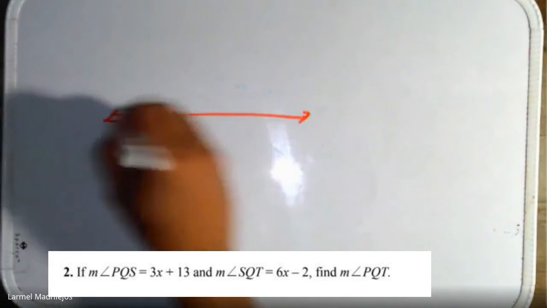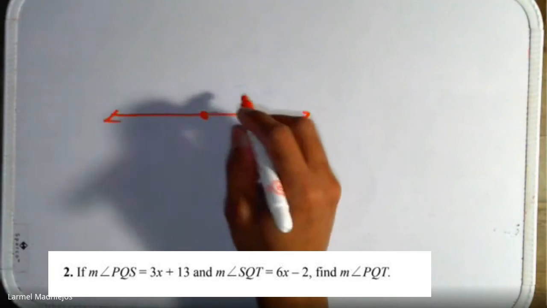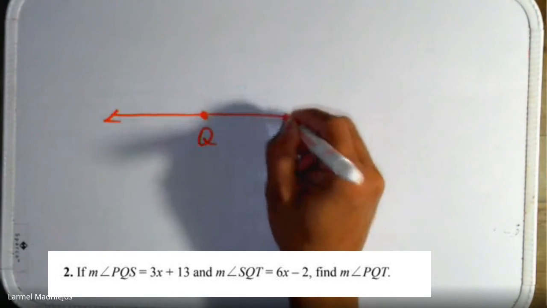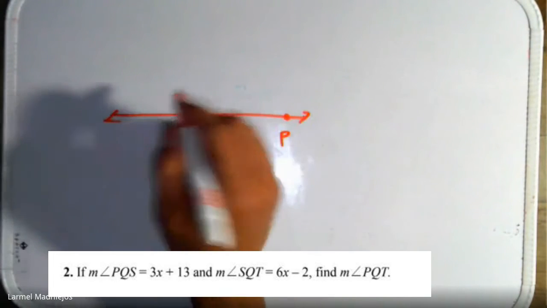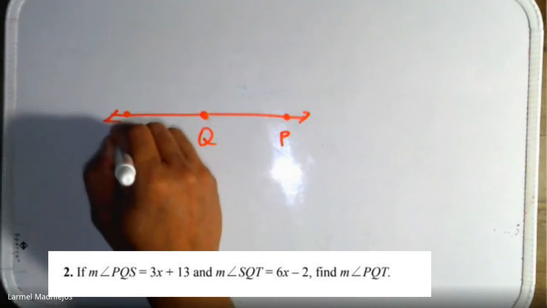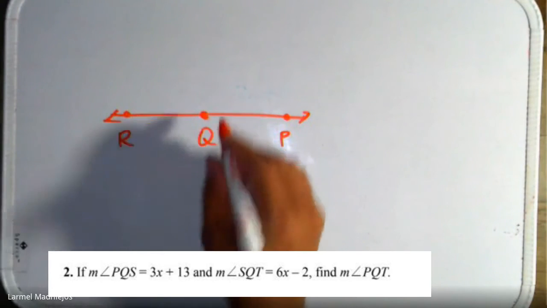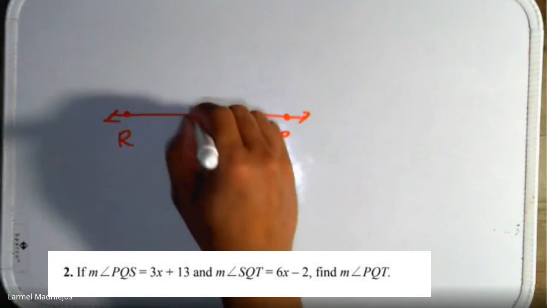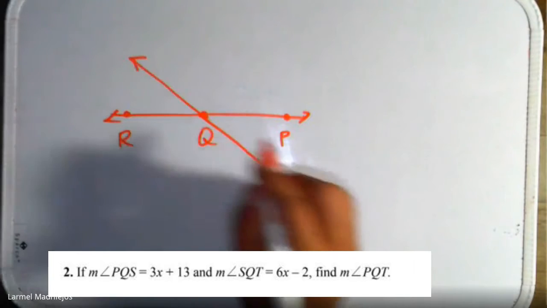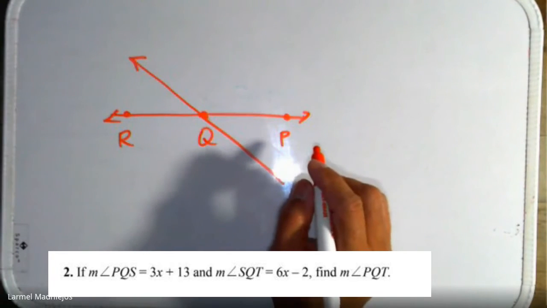Question number 2. I'm going to use the same figure that we had earlier. This is QP, Q and P, and the opposite ray, which is Q and R, and it was bisected by QS.